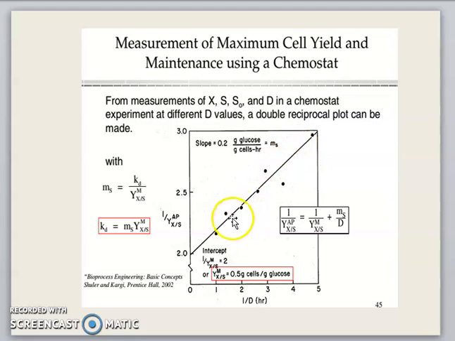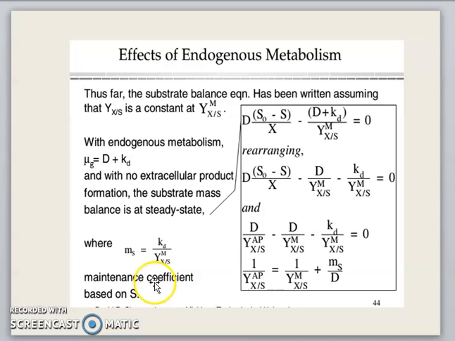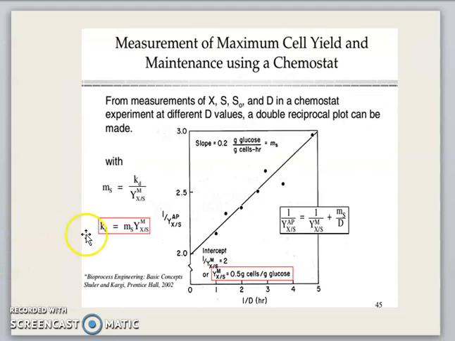The slope of the graph can be used to calculate the maintenance coefficient for the substrate. Later, from the previous equation, ms equals Kd over Y m xs, then you will have the value of Kd based on the slope of ms here.